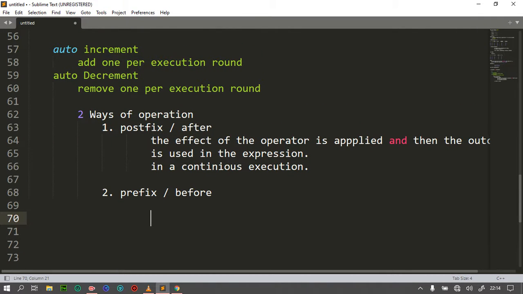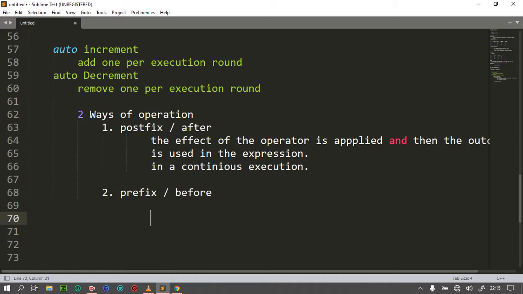Once again, I've said post means after, and of course we are going to have examples. If I have a variable and this variable is subjected to postfix, and this variable is in a continuous execution, meaning that I need this variable ahead of the execution quite a number of times to come.